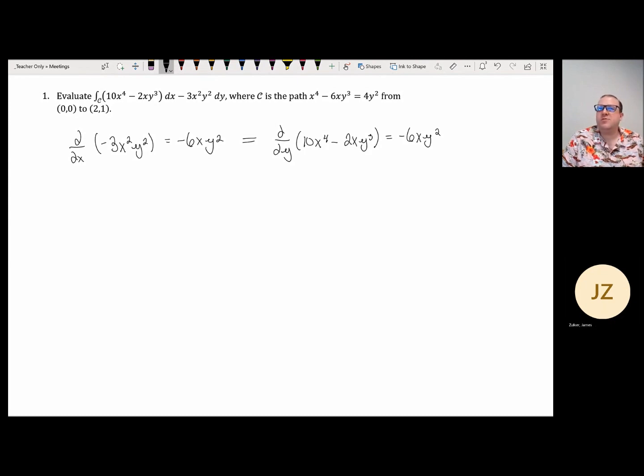Or you could try and find a potential function. Doesn't matter, all the same. Least amount of work might be trying to just parameterize the straight line from 0, 0 to 2, 1.